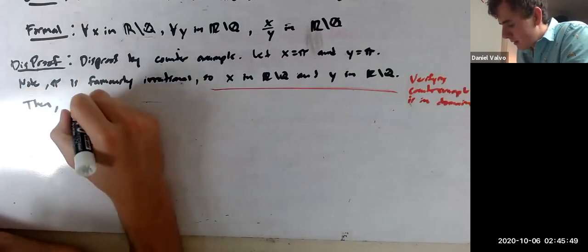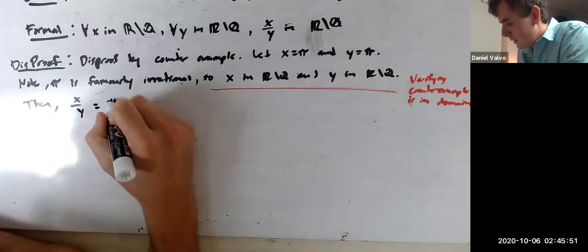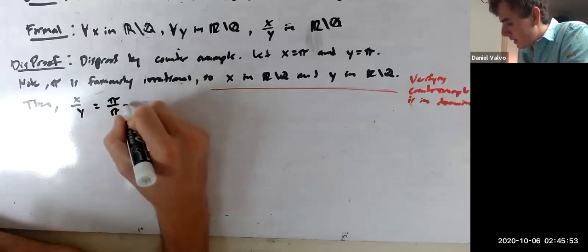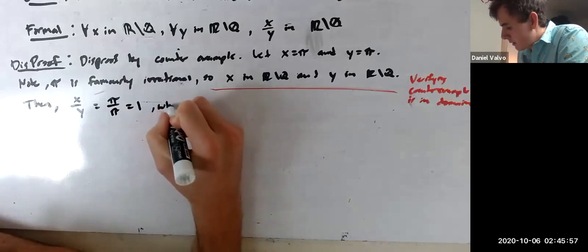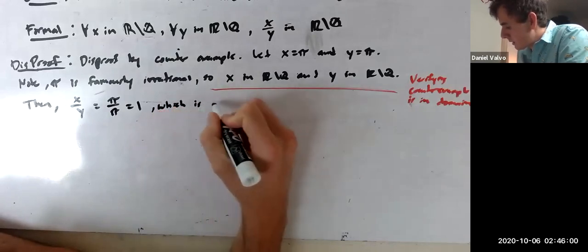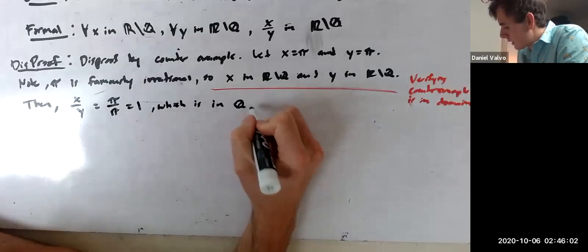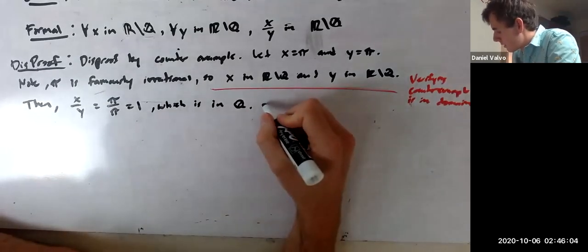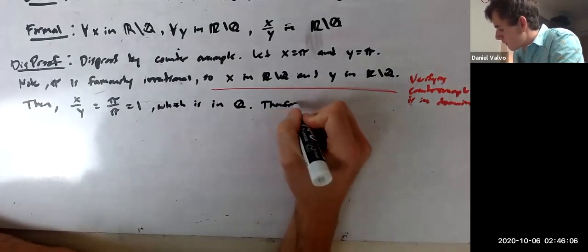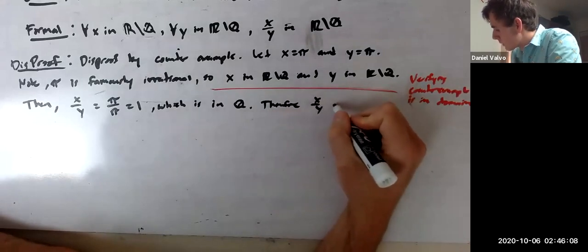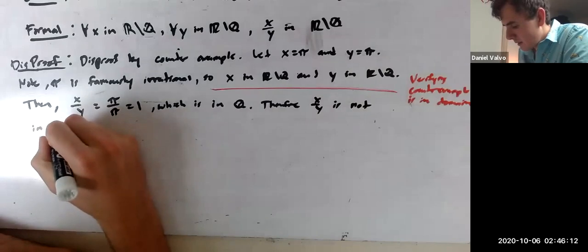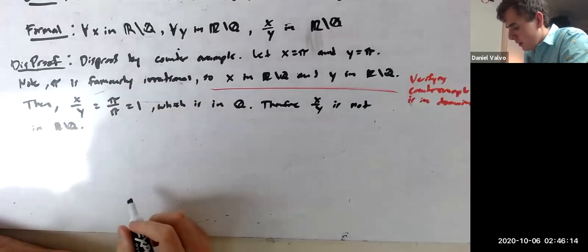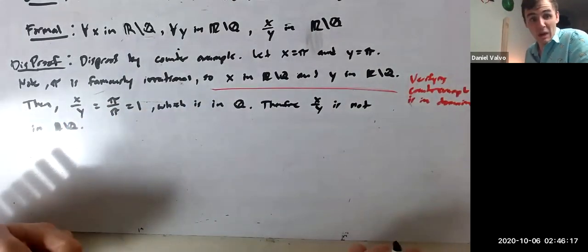Then x over y equals pi over pi, which equals 1, which is in Q. Therefore, x over y is not in R over Q. And that basically proves it.